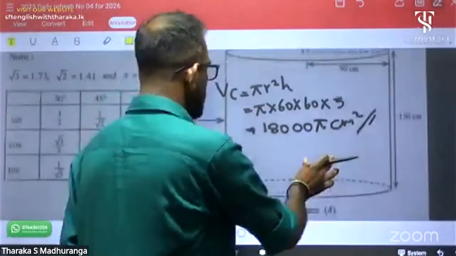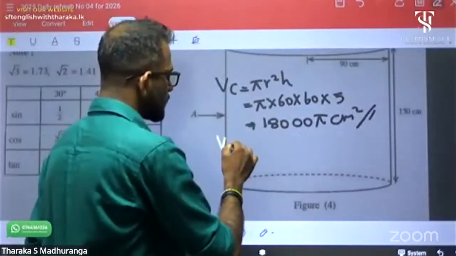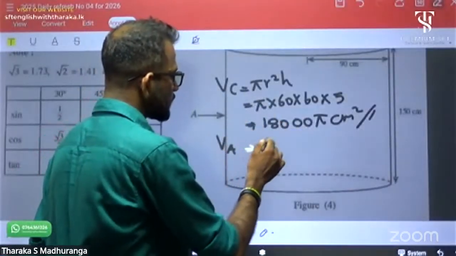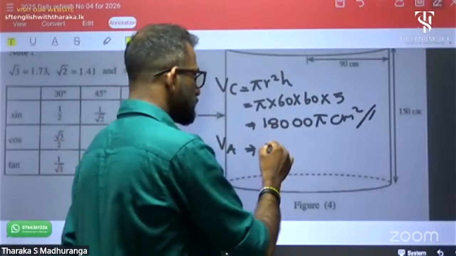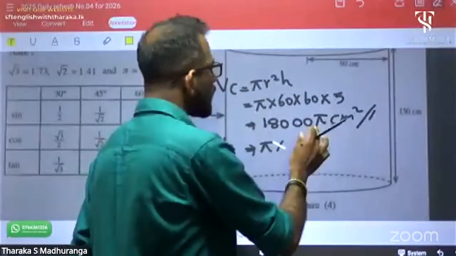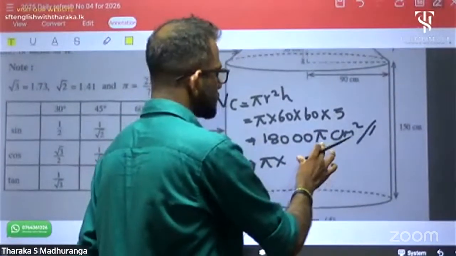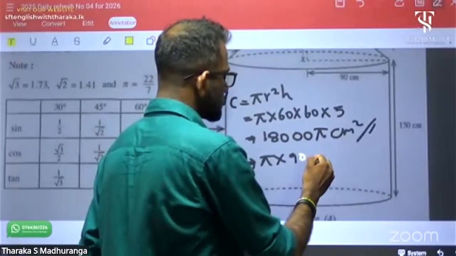Okay, now I can get the volume of A, cylindrical part. That's easy. Phi r squared h, phi r squared 90. 90 into 90.